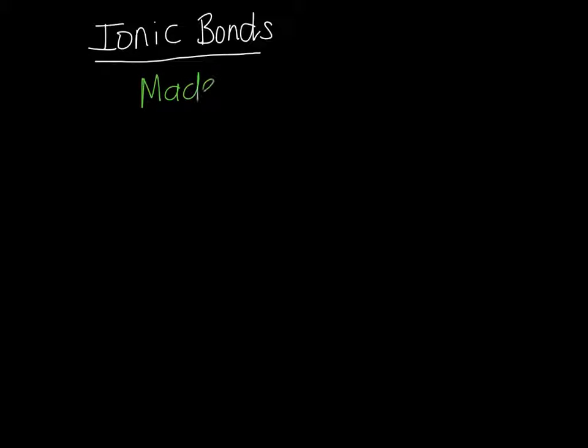There are two main types of bonds that we're going to learn about. The first are called ionic bonds. Ionic bonds are made from ions. That means we need to know what the term ion is.